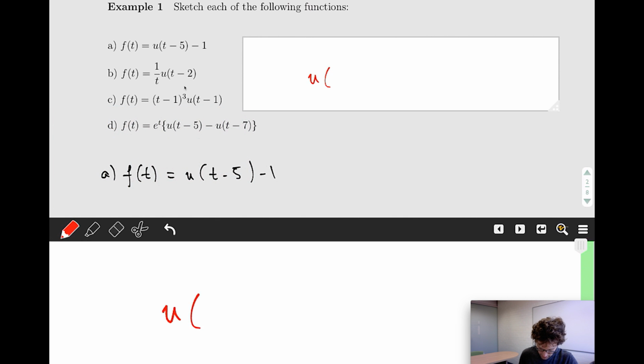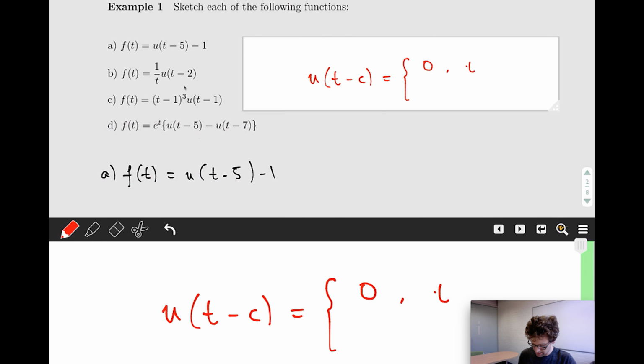So we have u of t minus c is a function which is 0 when t is strictly less than c, or it's 1 when t is greater than or equal to c. And we have to pay close attention here again to the less than and the greater than or equal to when we're sketching our function, because that's going to tell us which points are included and which points are not included at a particular value.